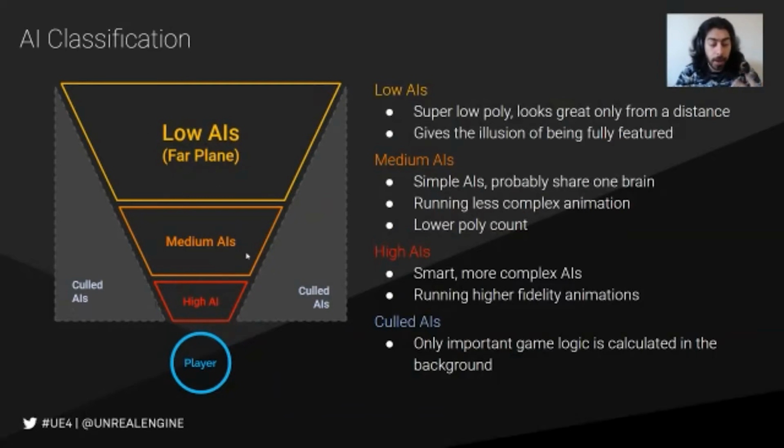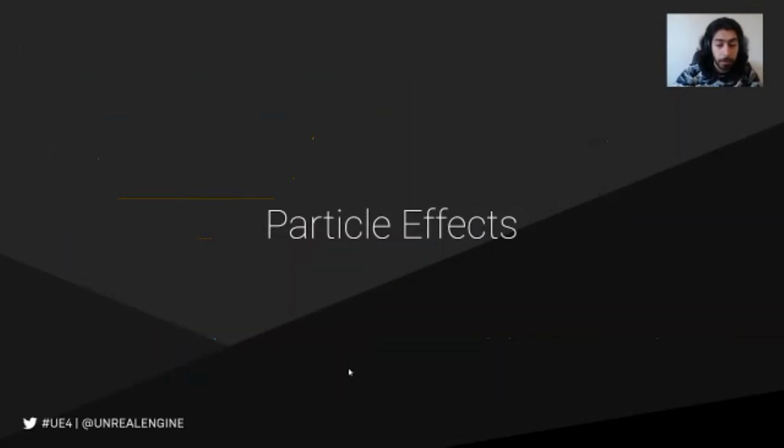But with Niagara now, you can do even smarter particles that can not only do the low AIs, but even more low AIs, and also replace some of the medium AIs. So you can end up with just one giant particle effect replacing the front-facing AIs, with some AIs the player can interact with. And this is how you can hit large numbers.